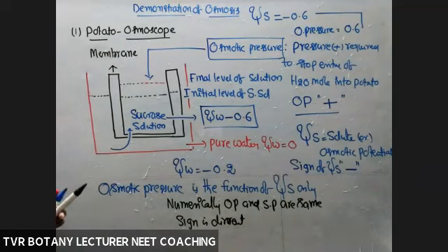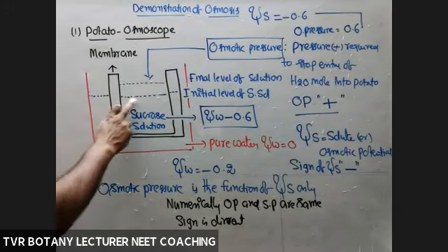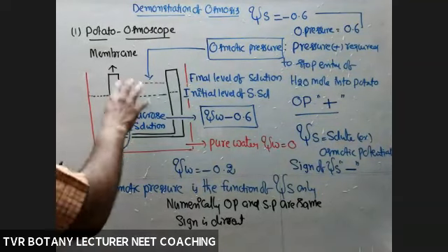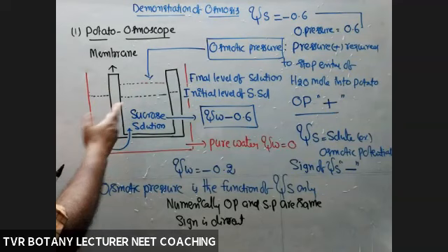Okay, right? So if it is a semi-permeable membrane, it allows movement of solvent only. If it is a selectively permeable membrane, it allows solvent and a certain number of solutes also. Okay, right? So for example, now both the systems are at equilibrium. The reason is that the psi W values may be equal.